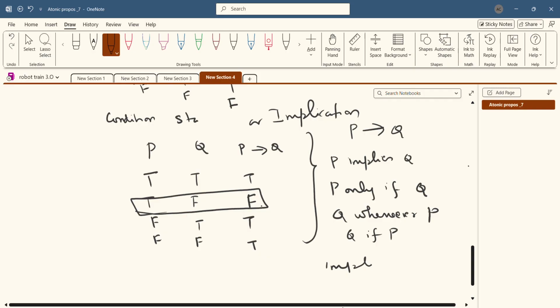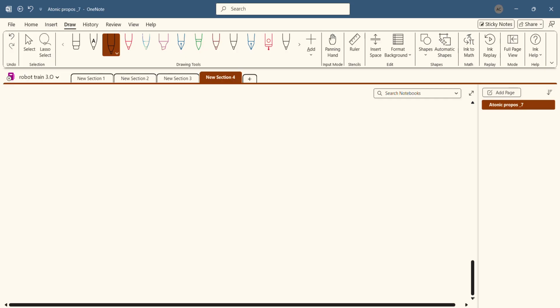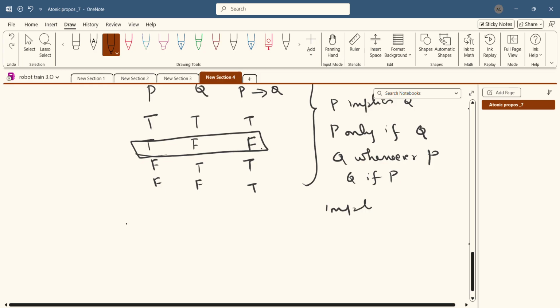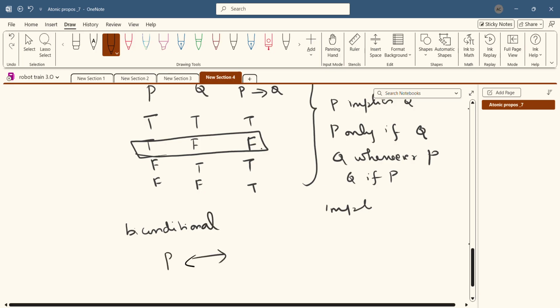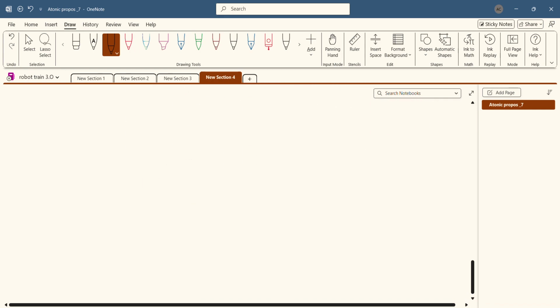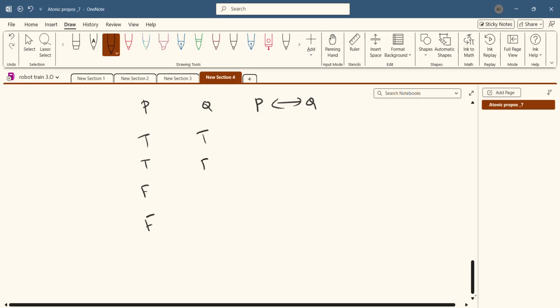So the next one is the biconditional statement. We can use the biconditional symbol. So P biconditional Q. The truth table for the biconditional statement: here also we have P, Q. Once again we have the same concept, 2 trues followed by true false, 1 true followed by 1 false.